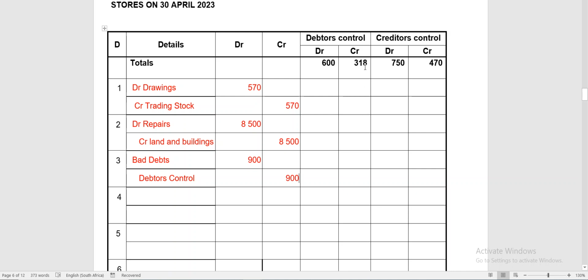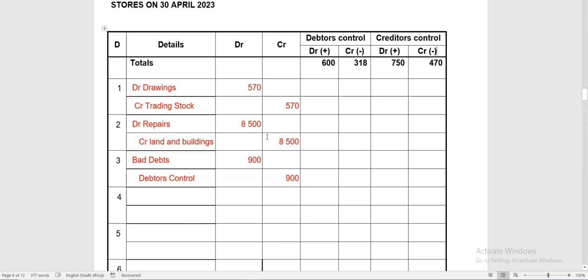But remember, what you can also do is to show by the sign that this is where your debtors control increases, and this is where it decreases, so that it becomes easy for you to remember whether the effects of the transaction are supposed to be on the debit side or on the credit side. Okay, so this is what you can do to make your work easy.